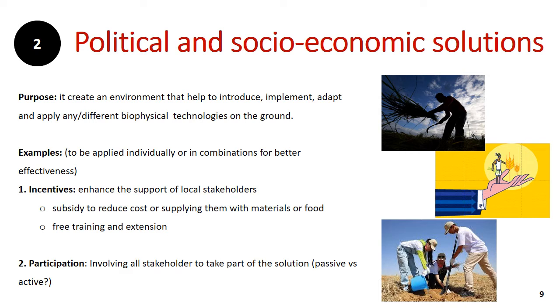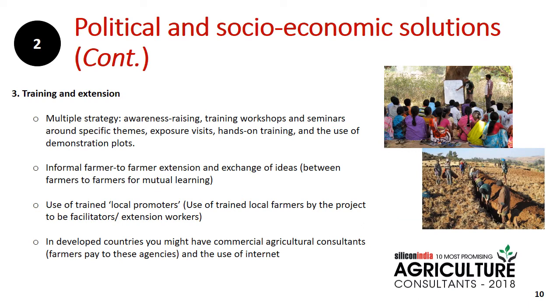You bring them all and involve them in the whole chain of the solution, from understanding the situation all the way to implementation and getting continuous feedback. And studies have found that active participation actually determines the success rate of the solution to desertification. Another example activity of the political and socio-economic solution is training and extension.